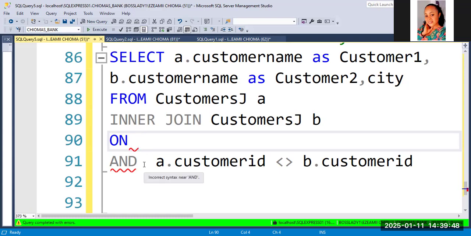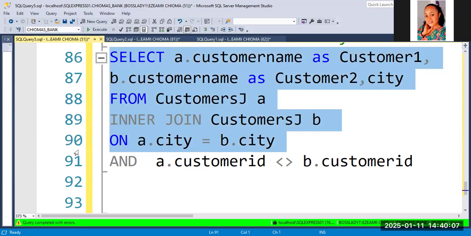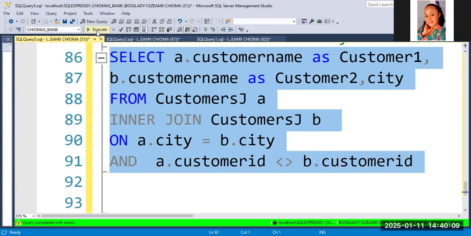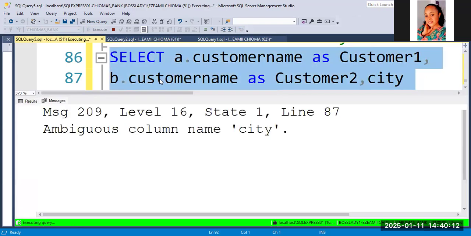Because we want where the cities are matching, A dot city equals to B dot city. You see, the red underline is gone. Ambiguous column name.